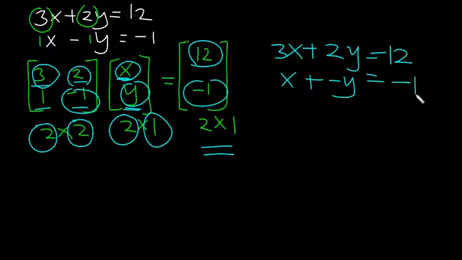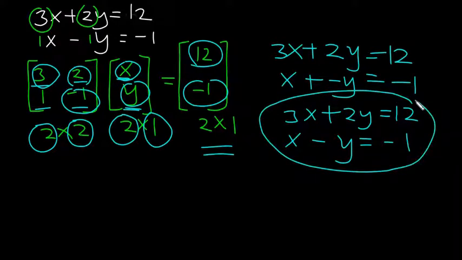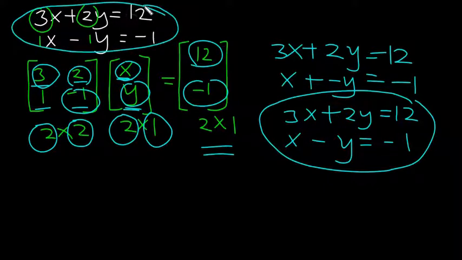So this is going to be 3x plus 2y is equal to 12, and then x minus y is equal to -1. You see, these equations are similar to this equation. So this means that the way we have represented these equations in matrix form is actually correct.